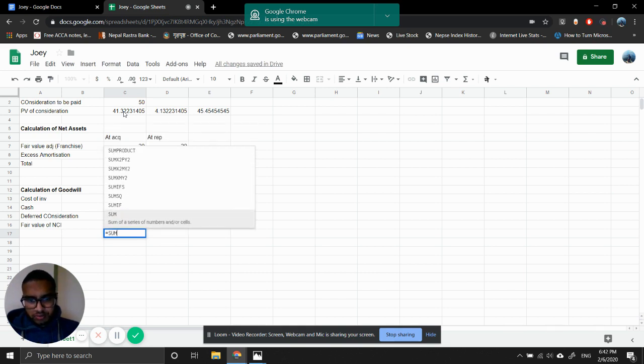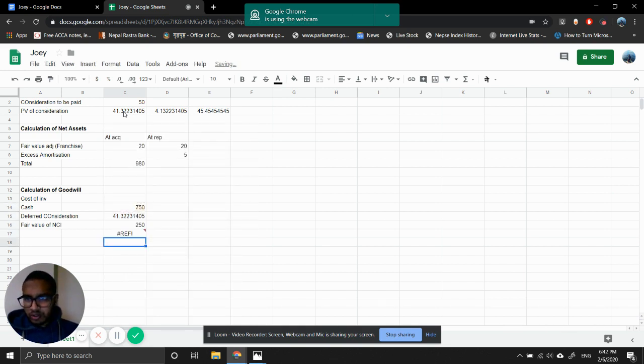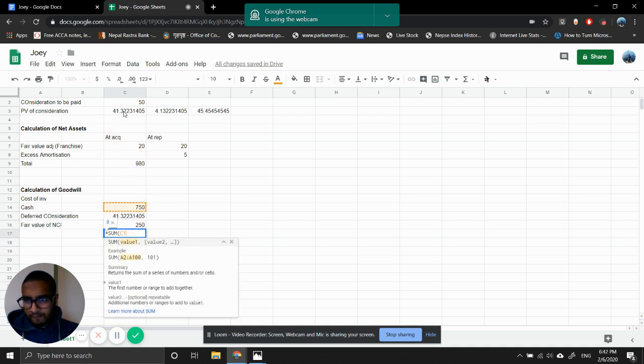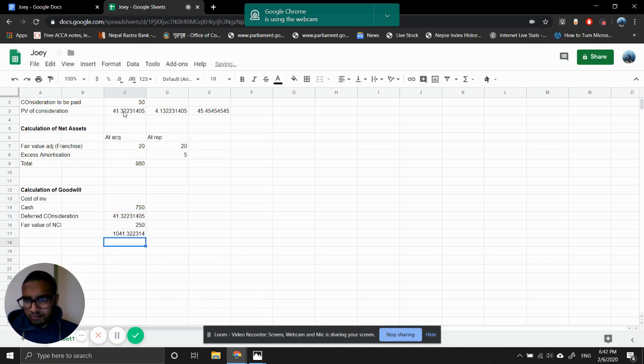So our total will be, come on, less net assets at acquisition. This being this figure 980.